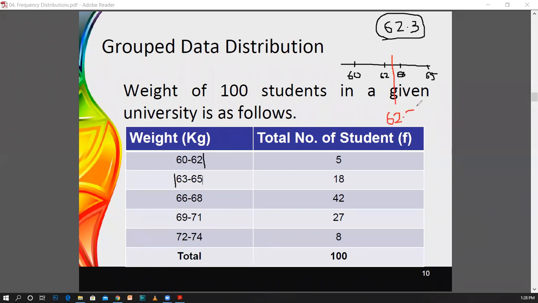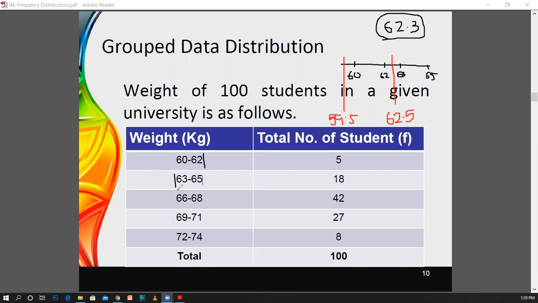I will tell you how we can define these values. Now this value can be said to be the upper class limit for the first class, and the lower limit would be just 59.5. 59.5 would be the next class. You can do the same thing for all the other classes.